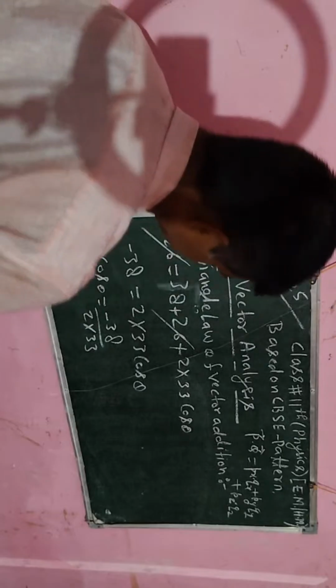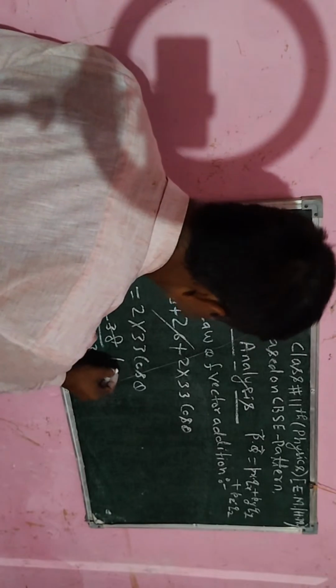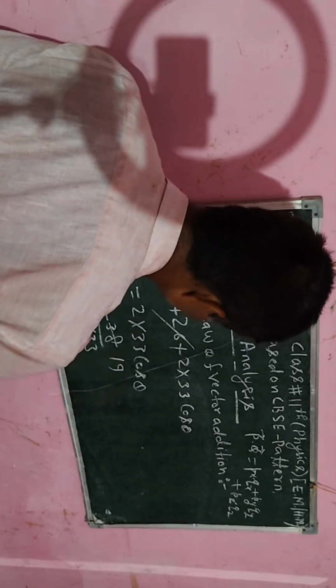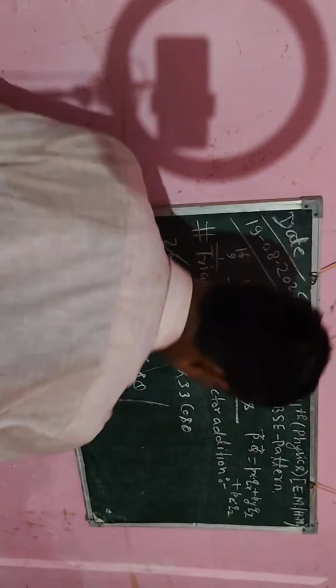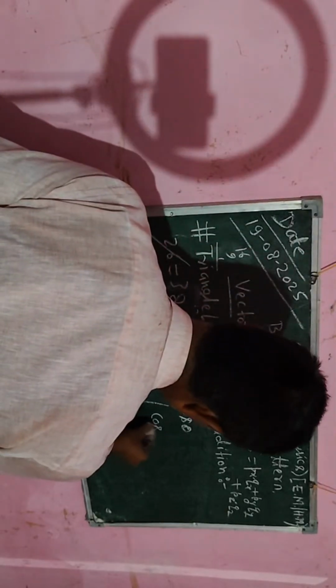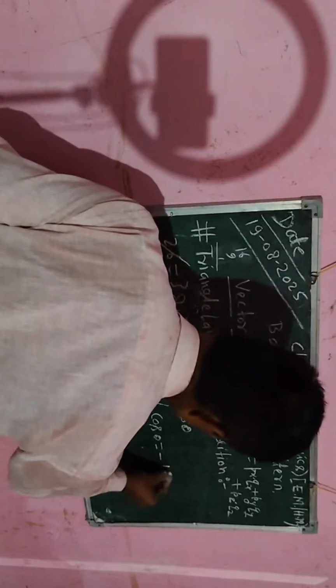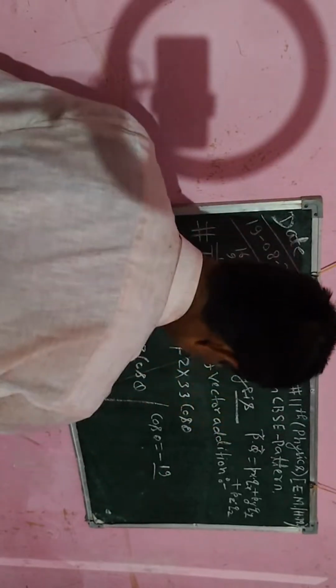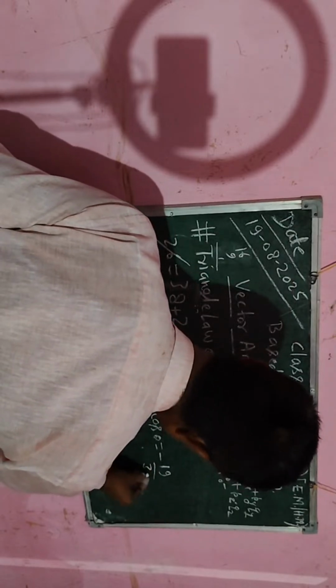So again I will divide with this 2 and the 2, 2 and the 2, and then 2 and the 18. So I can write cos theta, which is equal to minus 19 divided by 33. So this is the value of cos theta.